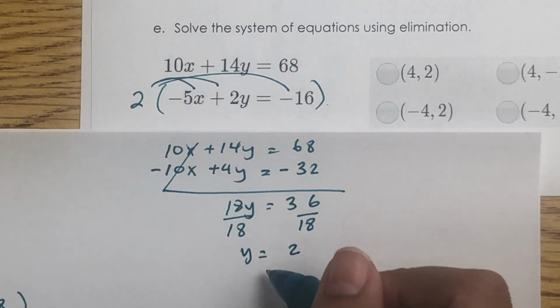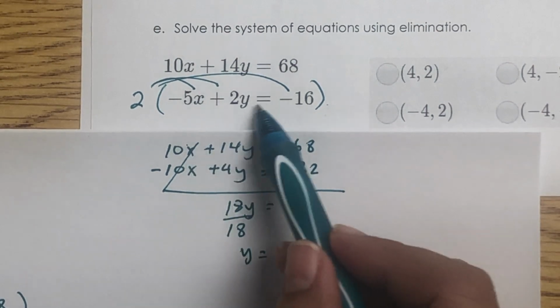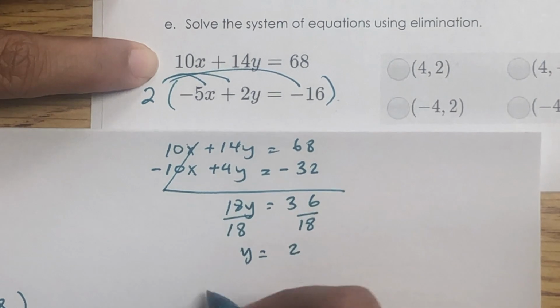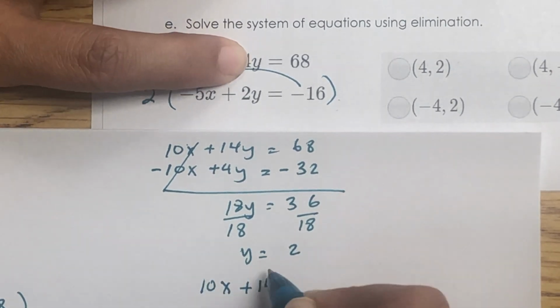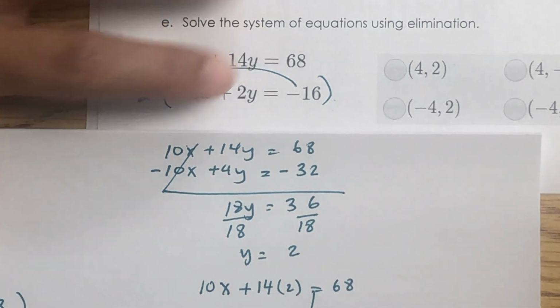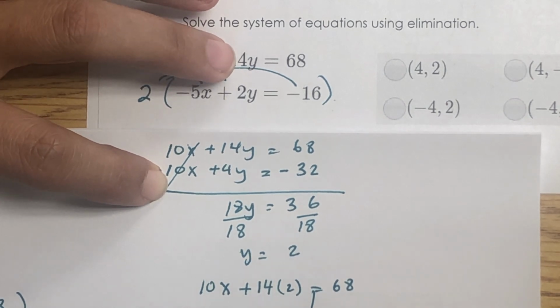Now what you're going to do with that is plug it into whichever one looks easier. I don't like dealing with negatives, or rather I should say you don't like dealing with negatives, so you're going to plug it into this first one. So write it out, 10x plus 14, and instead of y, what am I putting? 2 equals 68. Draw my river. So 10x plus 14 times 2 is 28, equals 68.